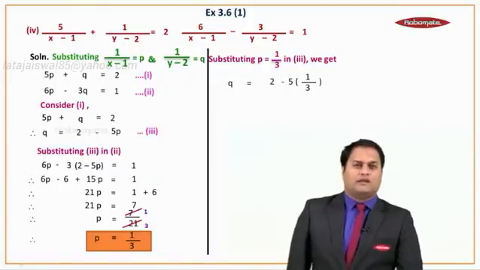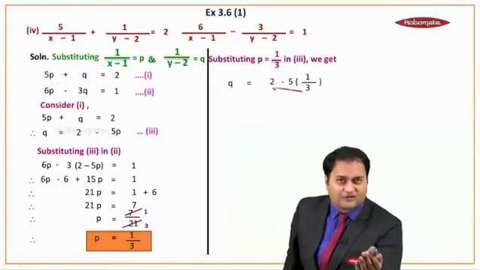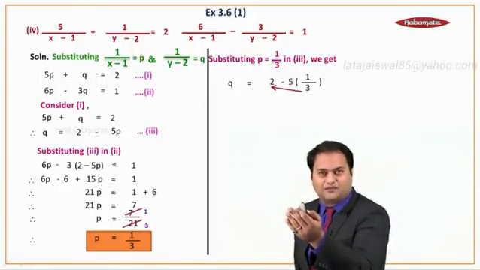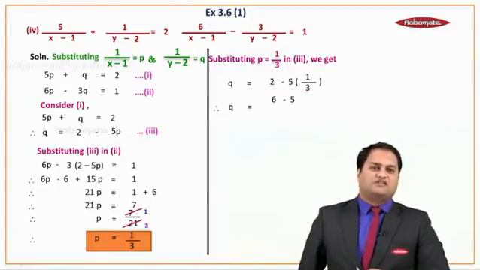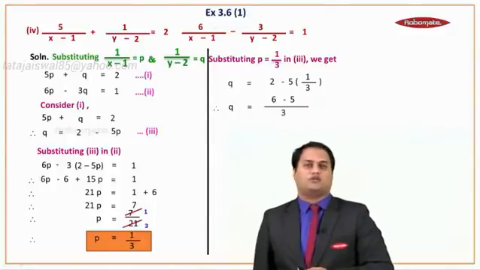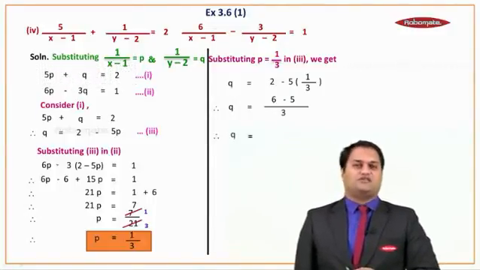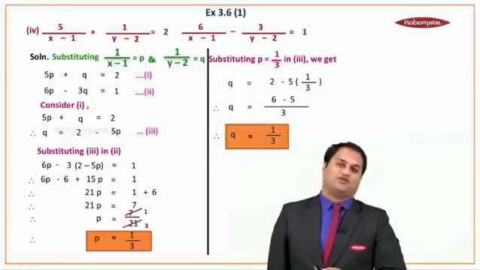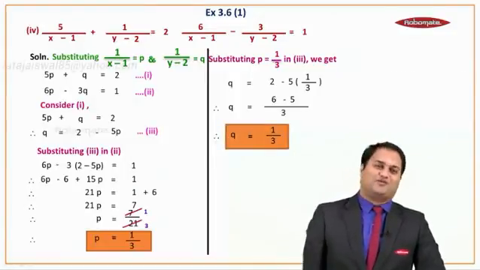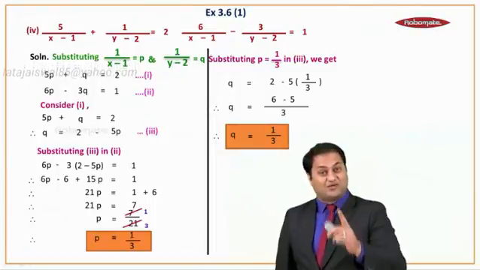Now 3 is in the denominator, so we need to take the LCM. 2 3s are 6. What do we get? q is equal to 6 minus 5 the whole upon 3. What is 6 minus 5? 6 minus 5 is 1. So here also you get q is equal to 1 upon 3 and p is also equal to 1 upon 3.